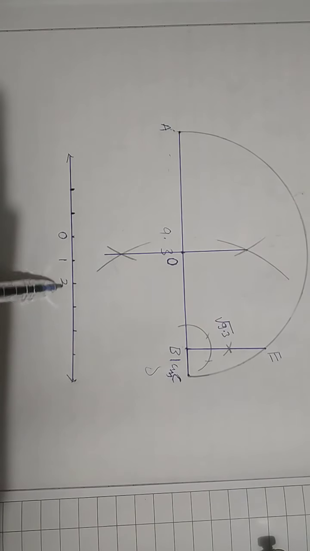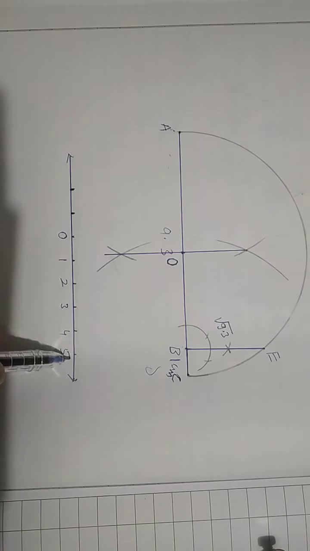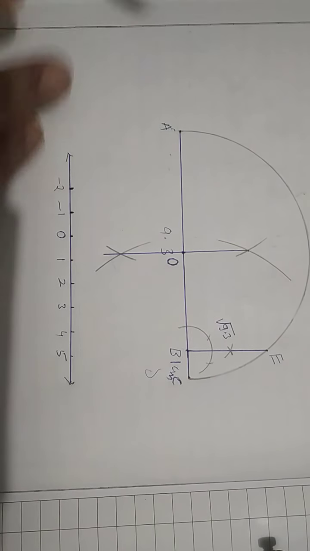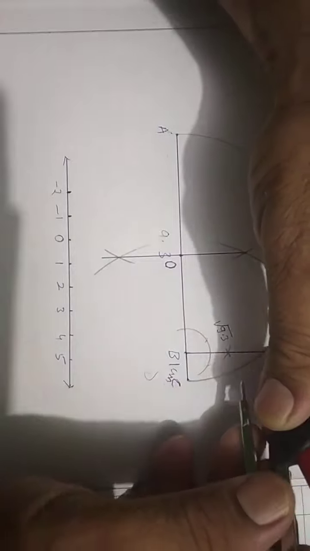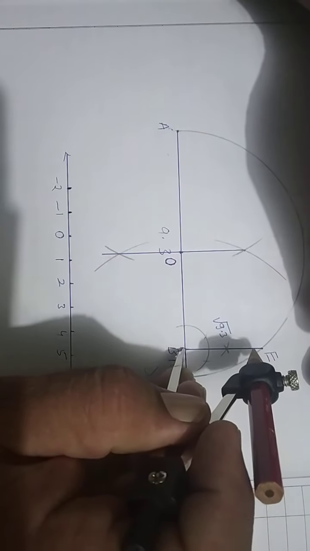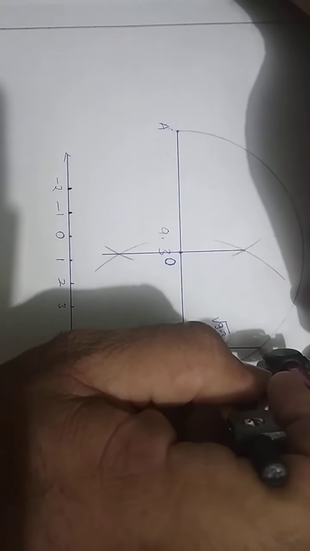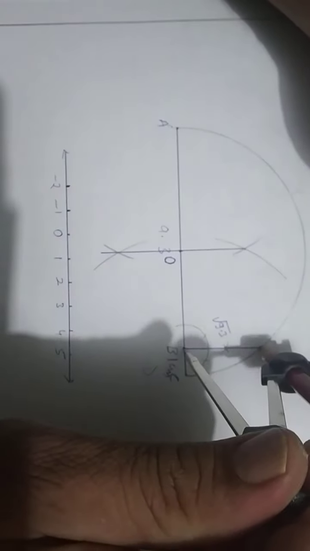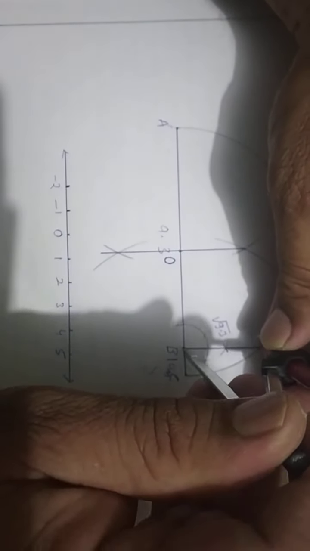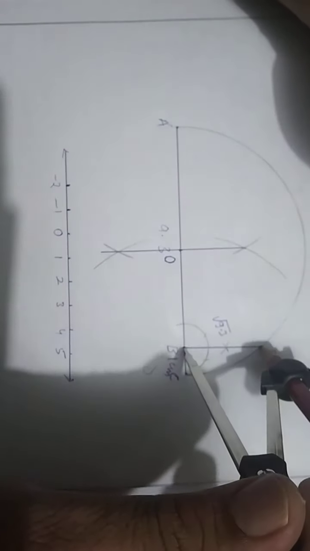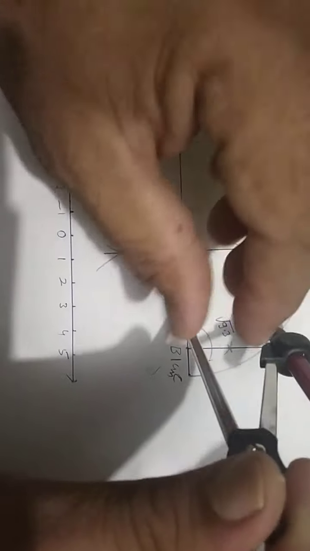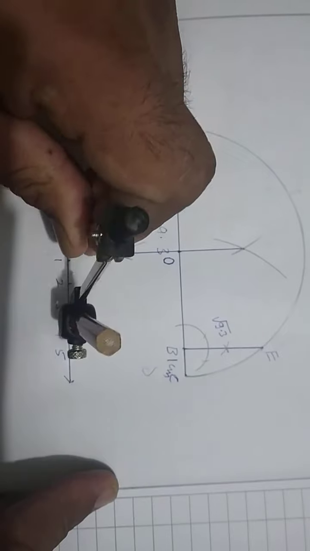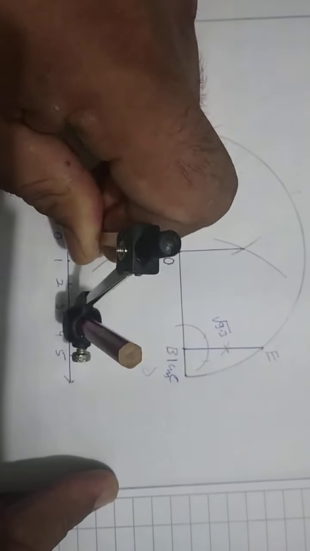This is 1, 2, 3, 4, 5, and this is -1, -2. And now by your compass you measure this length. This length is, as I have told you, root 9.3, and by measuring it here you can represent this length on the number line.